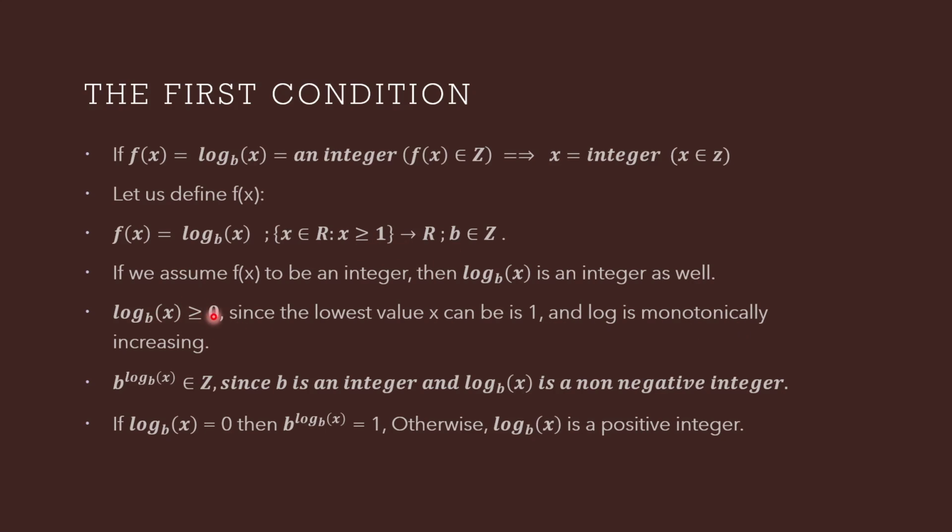And we know that one of the properties of logarithms is that it is monotonically increasing. Now, b to the power of log base b of x is an integer, since b is an integer, as we mentioned before, and log base b of x is a non-negative integer, as we have mentioned before.